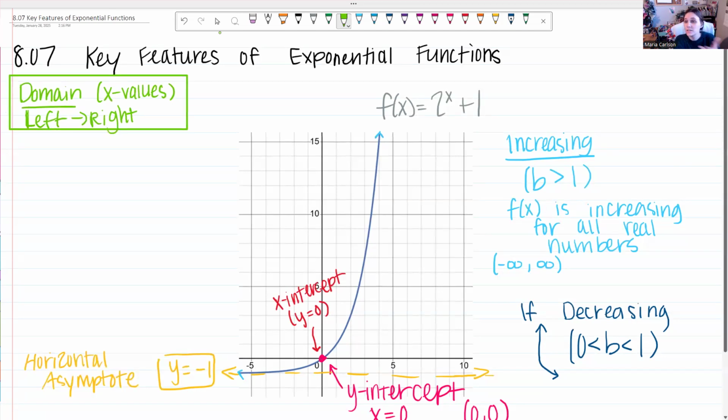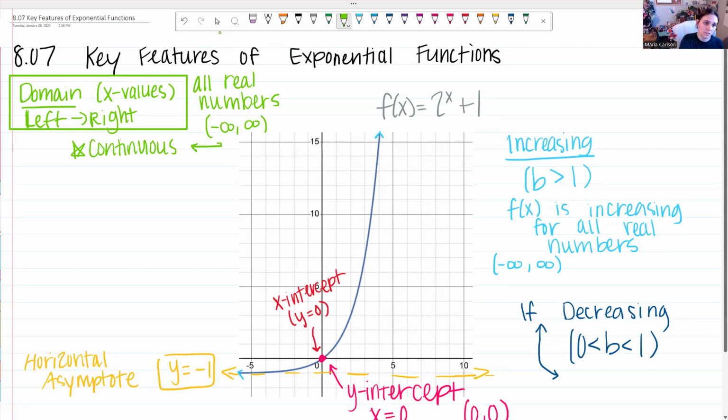The domain of this function and most exponential functions is all real numbers, or we could use the -infinity to infinity notation. The reason the domain is all real numbers is because this is a continuous function from left to right.